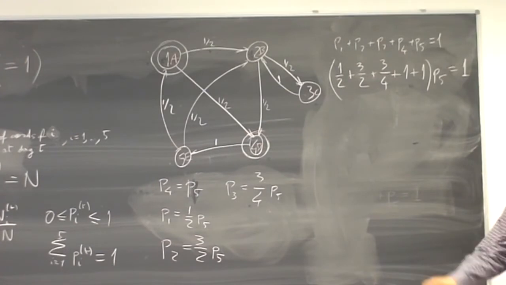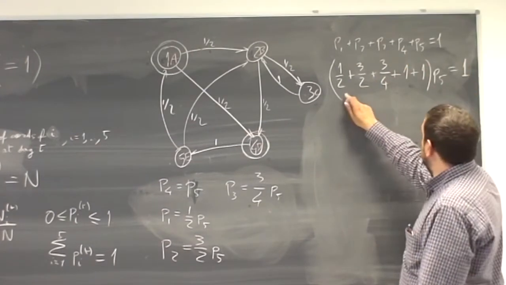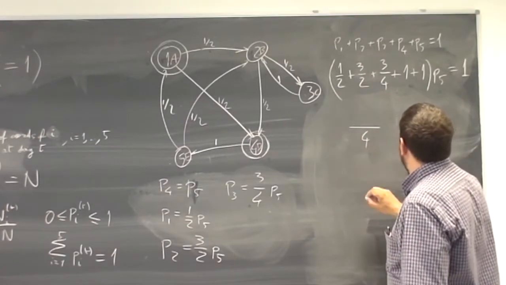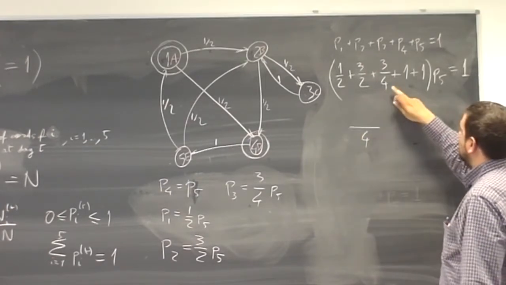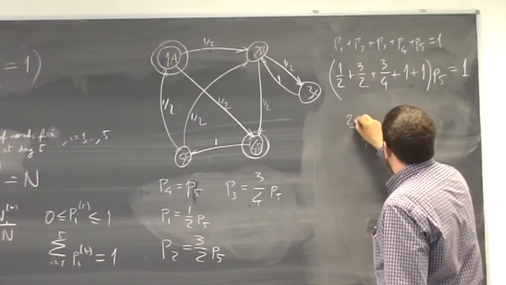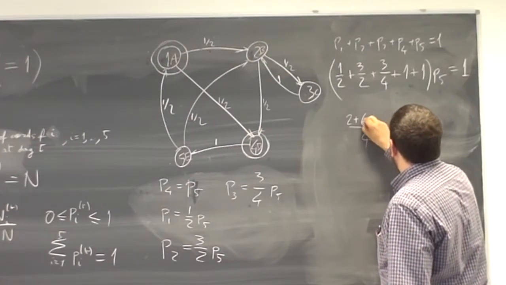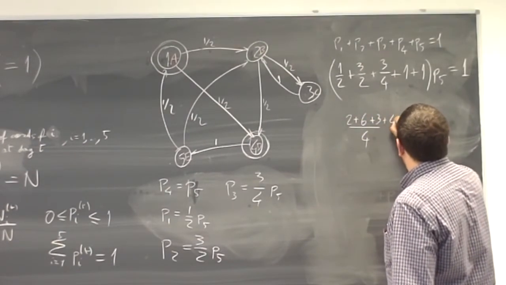So you can use this to determine P5. This becomes, okay, we have 4 down here. Here we have 2 plus 6 plus 3 plus 4 plus 4.